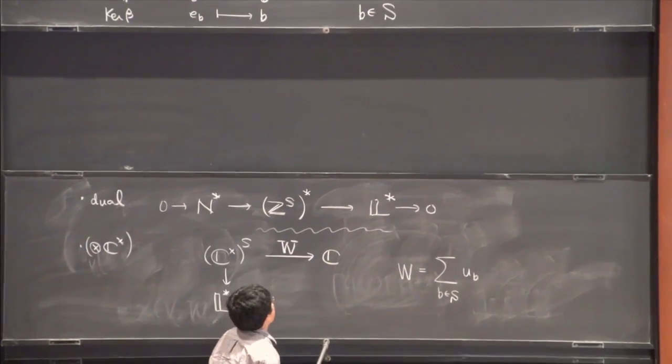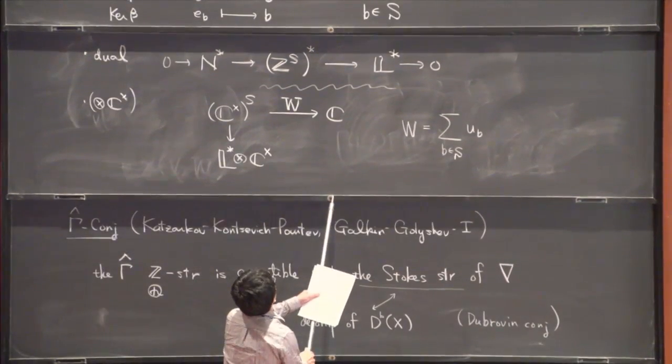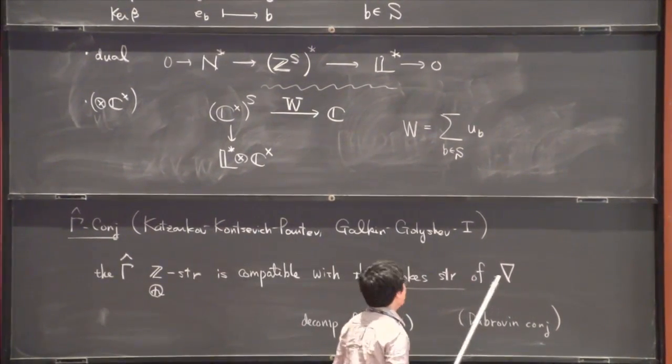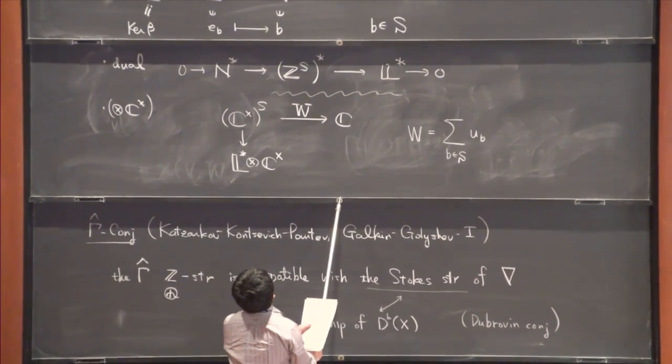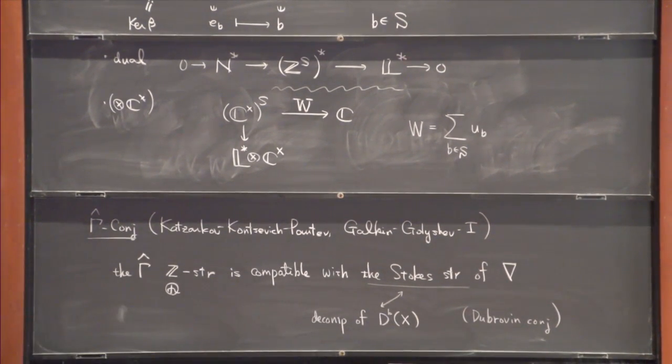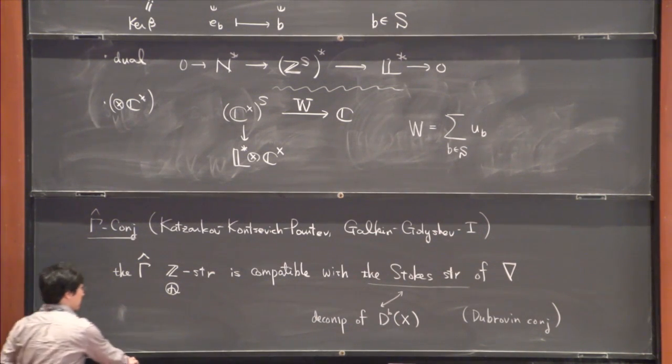Maybe you can think of N as a lattice where our fan lives, and S is the set of one-dimensional cones.